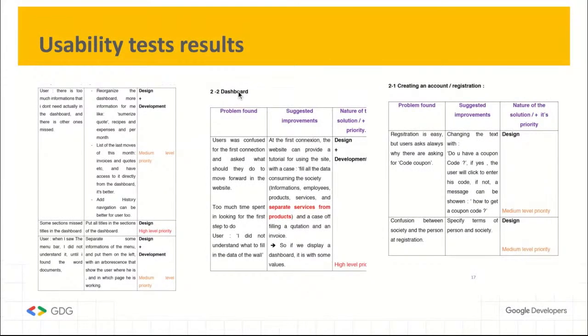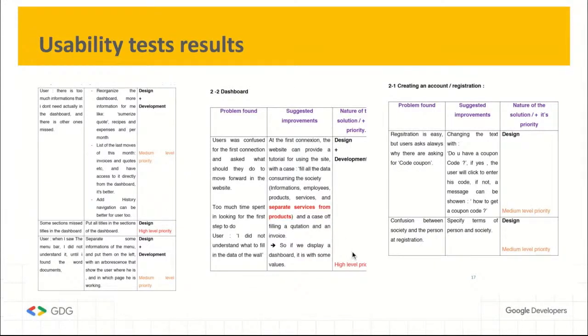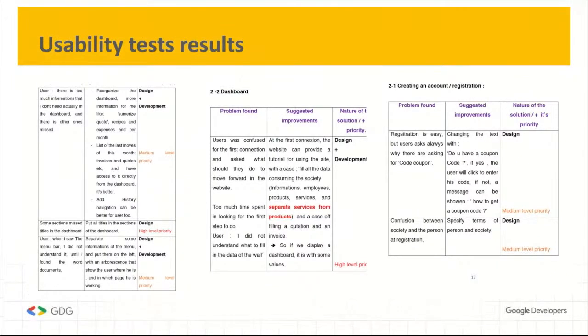So we go page by page in the dashboard. We ask the users to start using it, to do many tasks, and we notice the problems. And here we tried to set improvements, and we mentioned the nature of the solution, whether it's development, design, etc., and the level of the priority. Here, the level of the priority is mentioned as a priority for users.